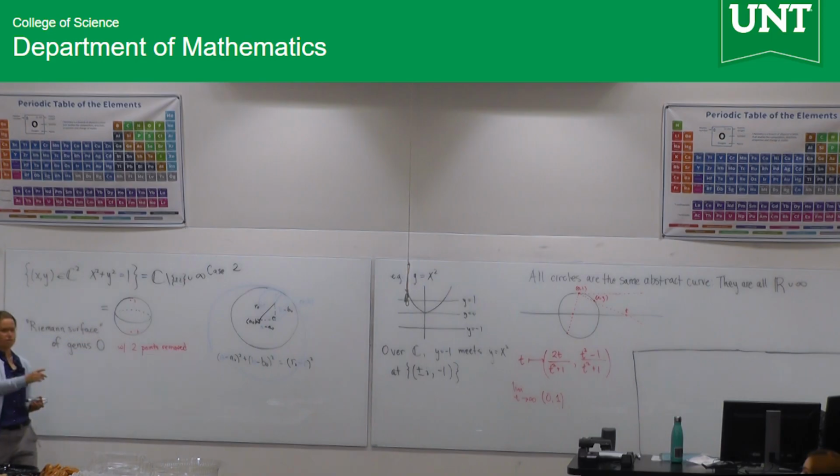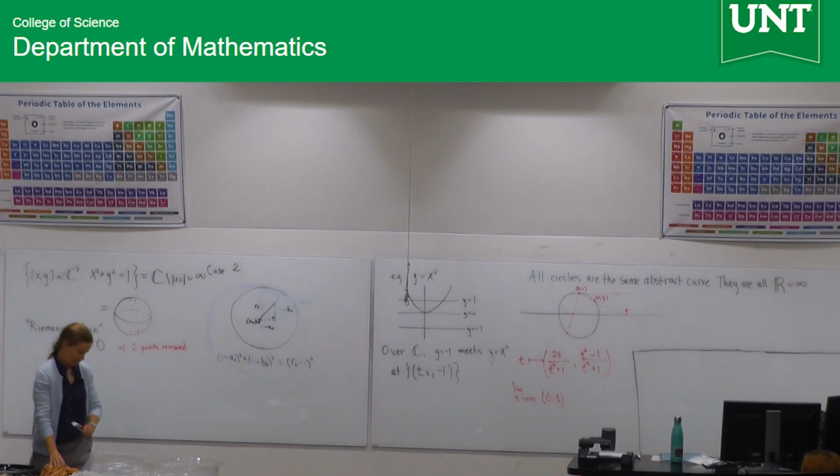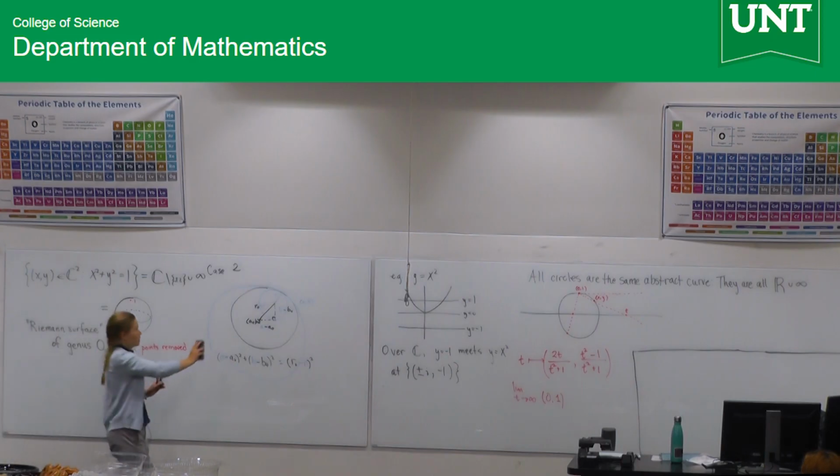Yes, please. Is that sort of saying, like, if we had a torus or something, then it would be like genus 1? Yes. In fact, I wanted to talk about the genus 1 case next. Great. So yeah, let's go on to genus 1.